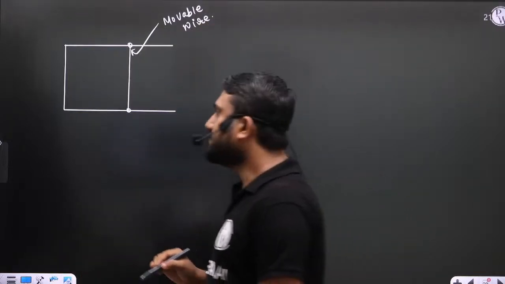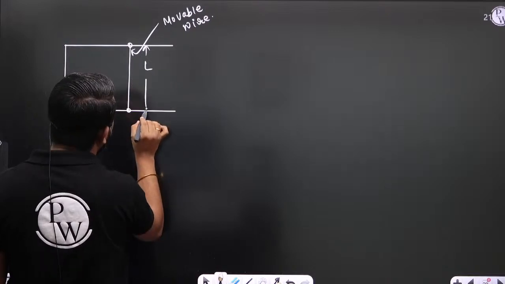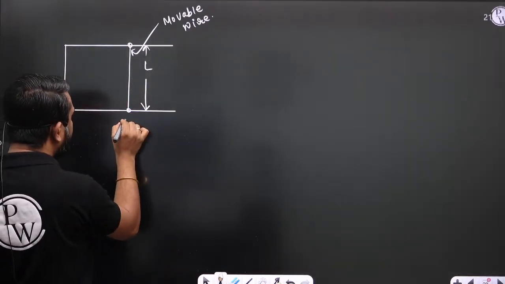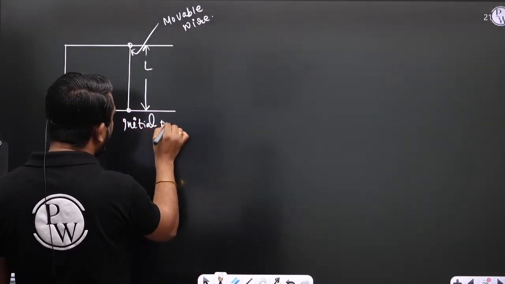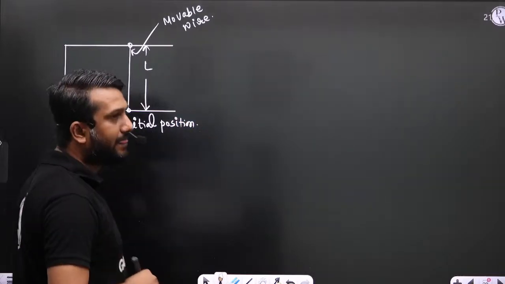Let us consider this dimension as L. And this is the initial position of the movable wire.